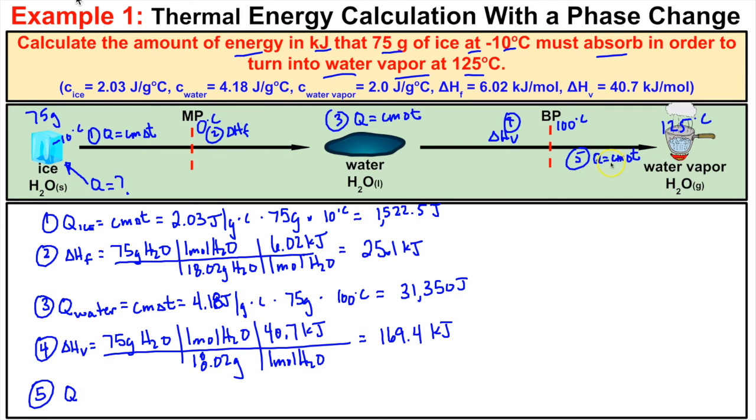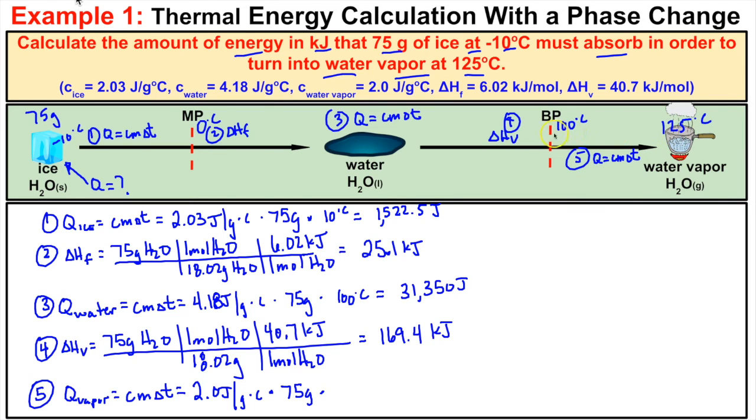In our fifth step, we're going to figure out how much thermal energy this water vapor is going to absorb as it goes from 100 to 125. Using Cm delta T, our specific heat capacity of water vapor is 2.0 joules per gram degrees Celsius, times our mass, which is 75 grams, times the change in temperature. The final temperature is 125 and the initial temperature is 100.